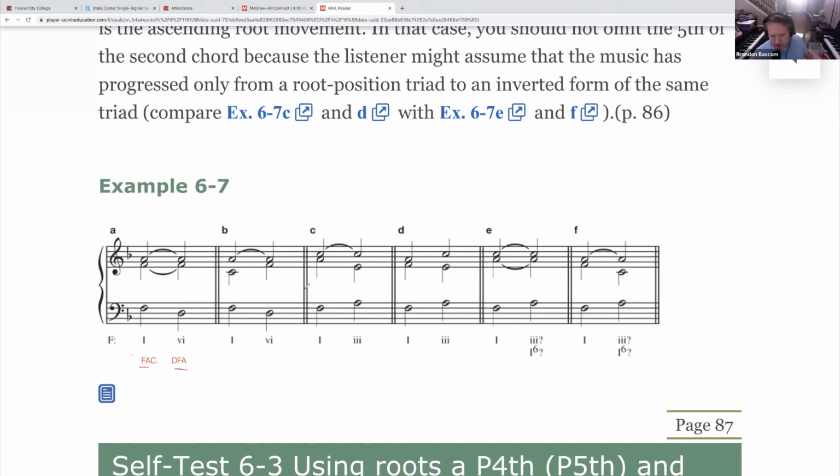Now, what the book said, and this part is important, is if you ascend by a third in the bass, you cannot omit your 5th because we're not sure what chord you're playing. We don't have enough information. And this is where it gets tricky. So my 1 chord is FAC, and my 3 chord is ACE.